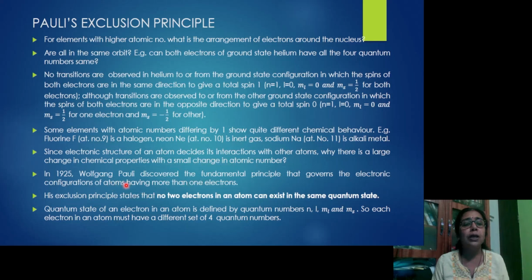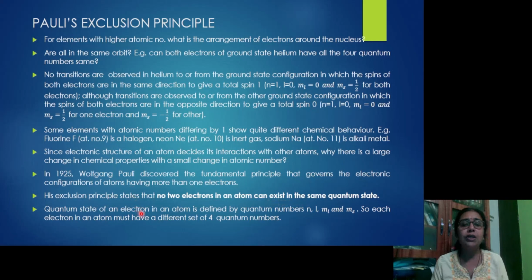Wolfgang Pauli discovered the fundamental principle which governs the electronic configuration of atoms having more than 1 electron, and this was in 1925. His exclusion principle states that no 2 electrons in an atom can exist in the same quantum state.